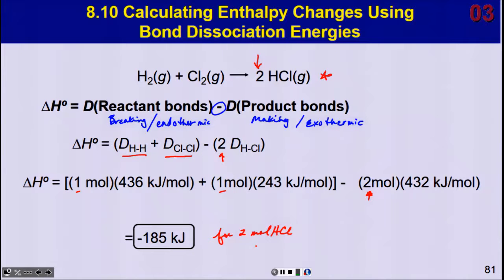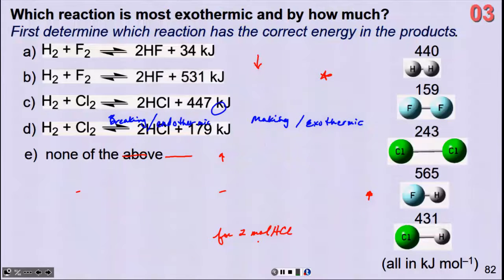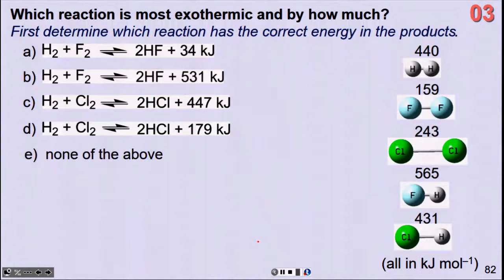All right, let's use this as an example as we think about how we can do this in other options. We have one here that's kind of a puzzle at first. Which reaction shown is the most exothermic and by how much? First we have to figure out how we have 2 choices here. This one puzzled me at first, but then I realized what they were forcing us to do. We have to determine which reaction has the correct energy in the products.